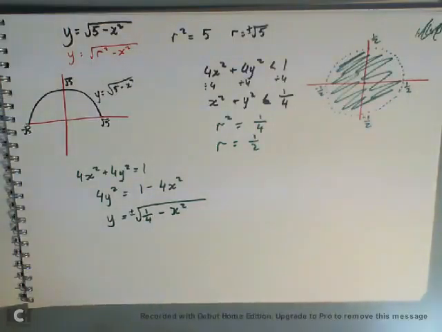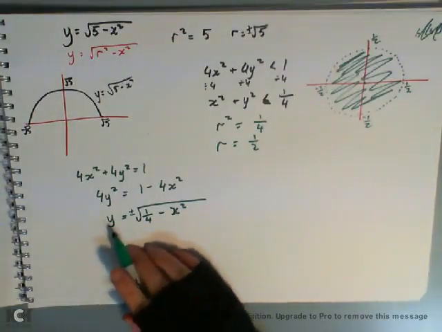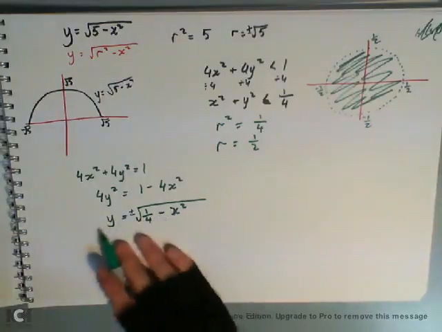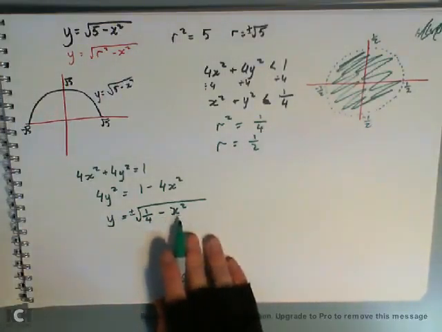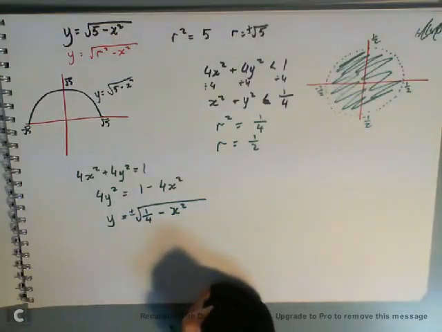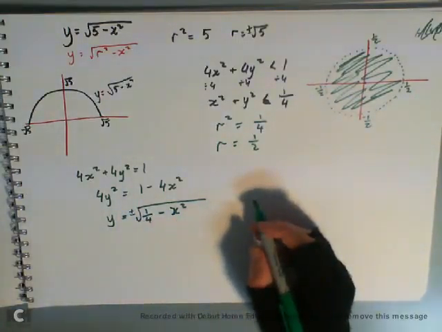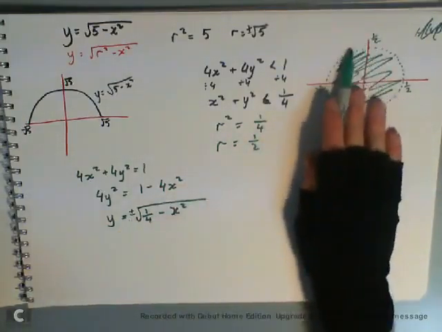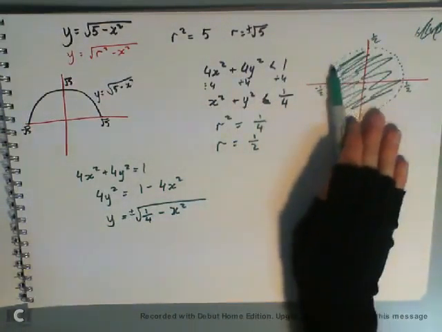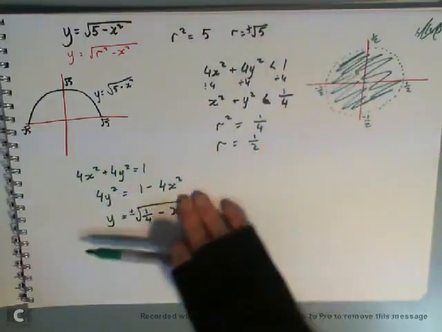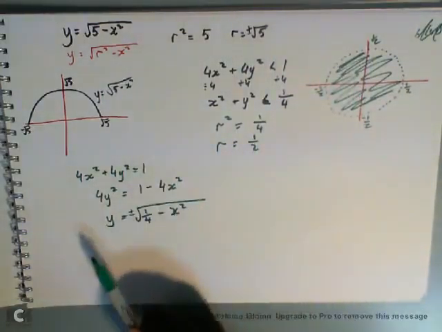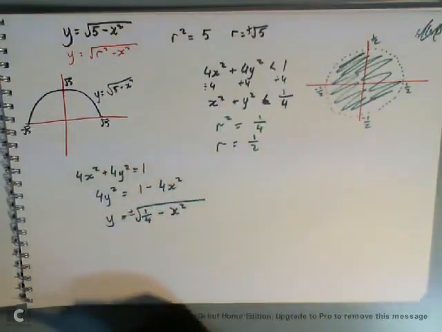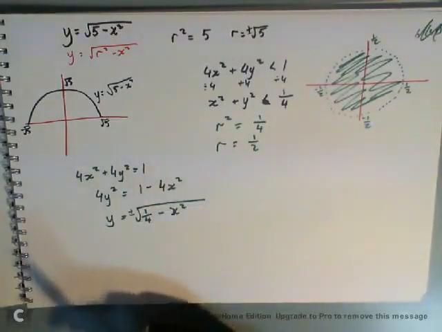Now, again, we're going to have a center at 0, 0, and that's because it's basically the same equation as we just drew up here. It hasn't been moved left or right because we don't have anything inside brackets, and we don't have something outside the square root.